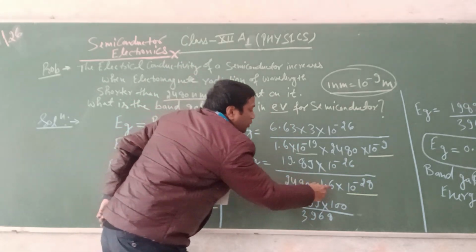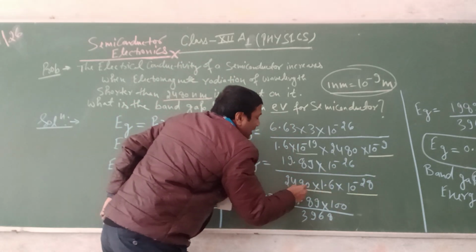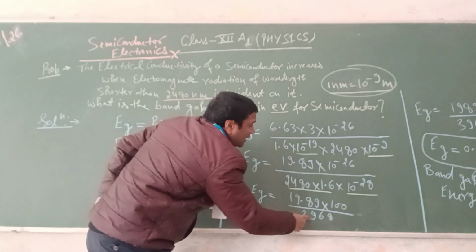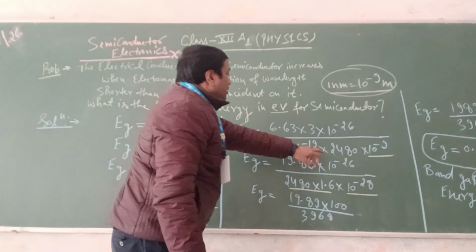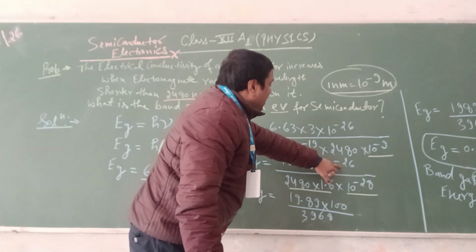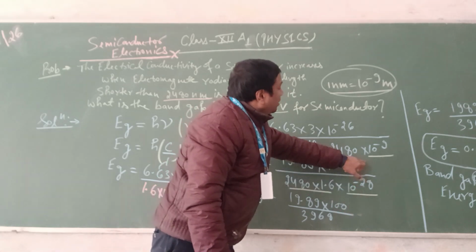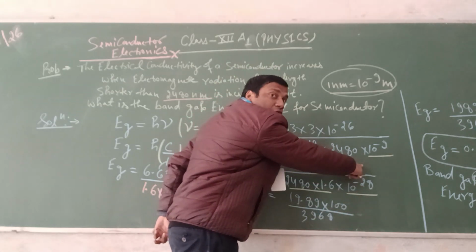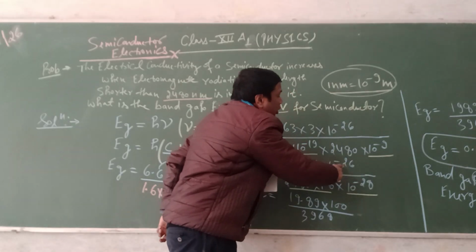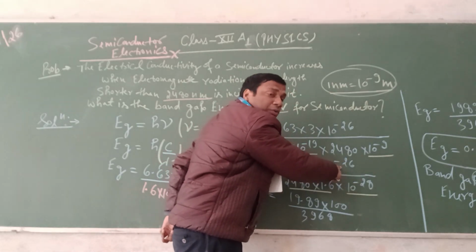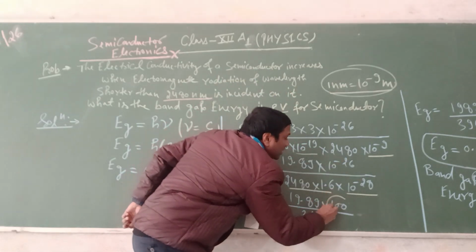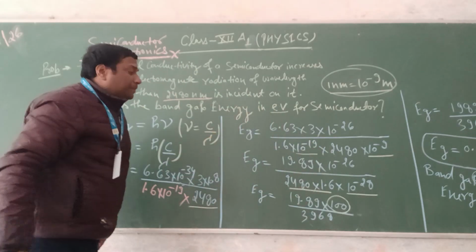Then 2480 into 1.6, when multiplied, gives 3968. This 10 to the power minus 26 divided by 10 to the power minus 28 becomes 10 to the power plus 28 into 10 to the power minus 26, that is 10 to the power 2, which means 100.